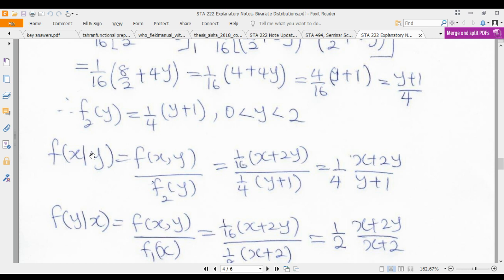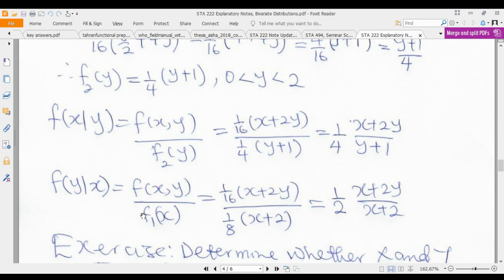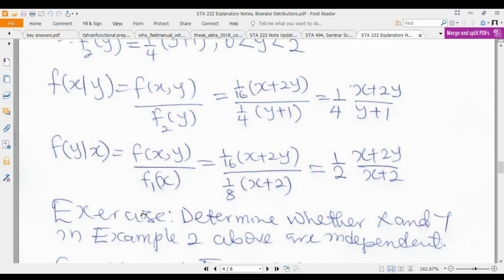Therefore, the conditional density function f of x given y is equal to this over this. We divide them appropriately to get 1 over 4 into x plus 2y all over y plus 1. Similarly, f of y given x is gotten to be 1 over 2 into x plus 2y all over x plus 2.